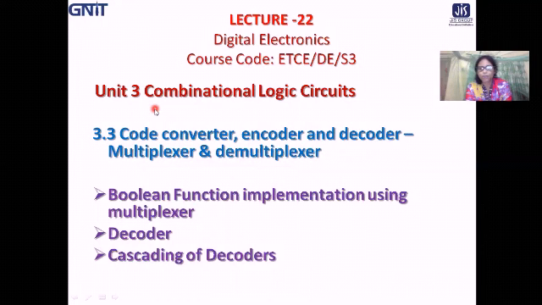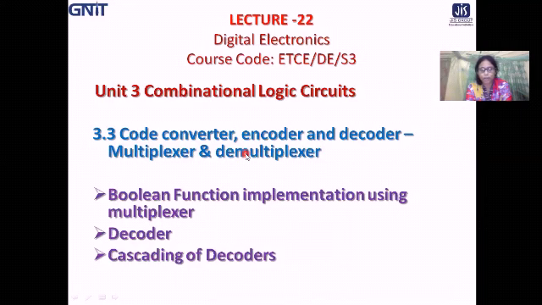Now, let us have a quick lesson plan of today's lecture number 22. We are in unit 3, that is combination logic circuit, and today we will be studying subunit 3.3, that is code converters, encoders, decoders, multiplexers and demultiplexers.